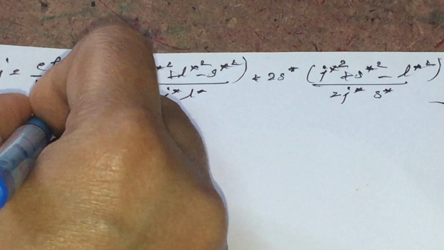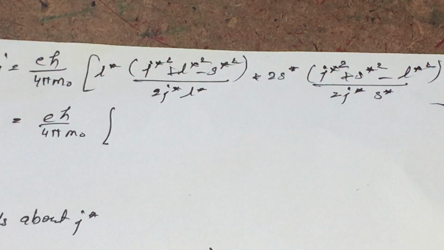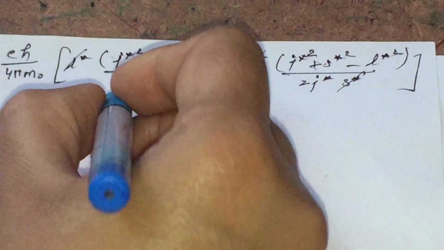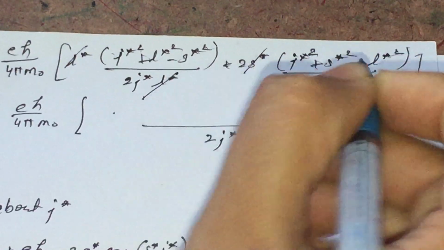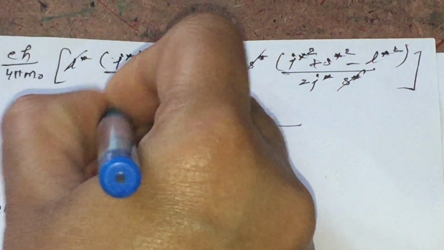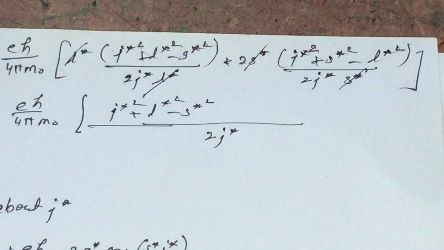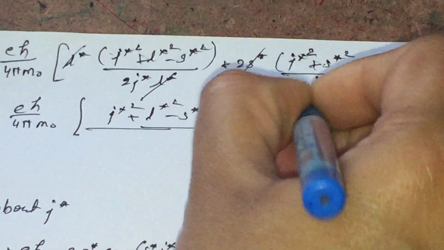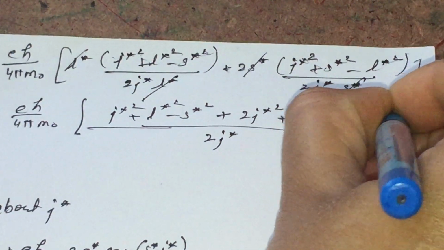And if you simplify this equation, you will easily find out that you will cancel out L star with L star and S star with S star, and you will have, taking LCM with this also, 2 J star, we will get J star square plus L star square minus S star square from our first term, and from our second term you will have 2 J star square plus 2 S star square minus 2 L star square.